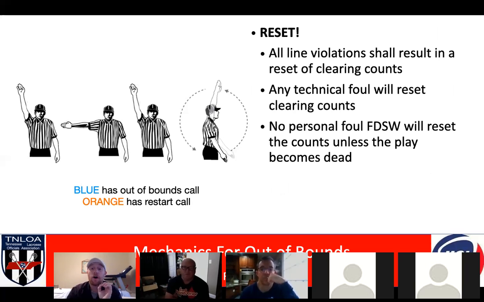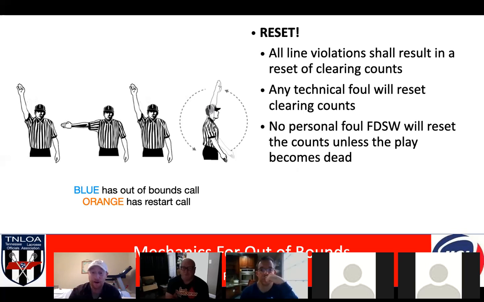Also, reset. All line violations shall result in a reset of clearing counts. Every line violation, both teams, will result in a reset of clearing count because it is a technical foul violation. Any technical foul will reset all clearing counts.